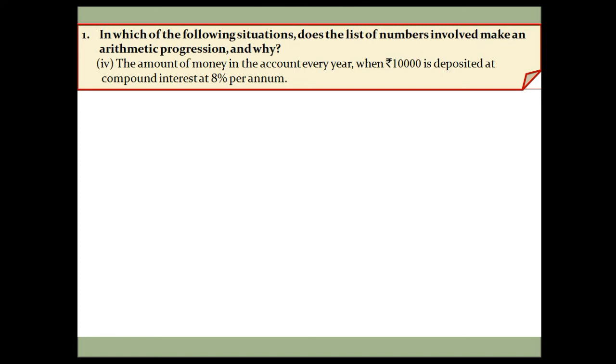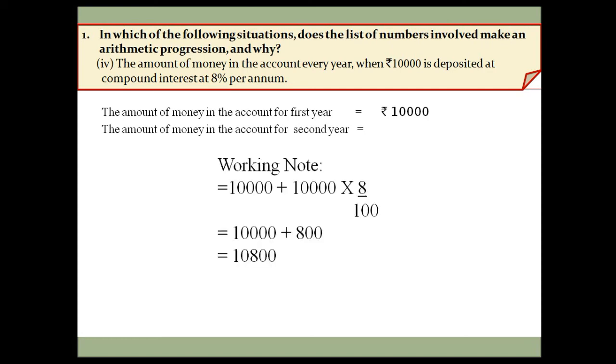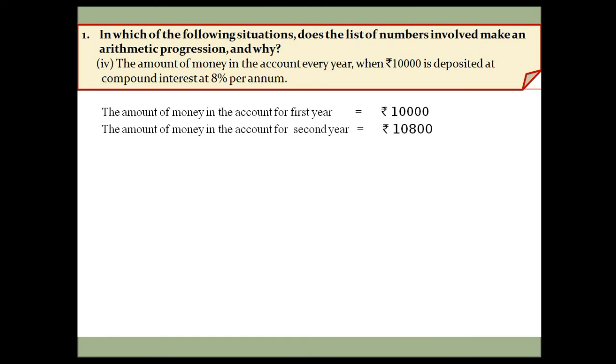The amount of money in the account every year when rupees 10,000 is deposited at compound interest at 8% per annum. The amount of money in the account for the first year is rupees 10,000. For the second year, rupees 10,800.